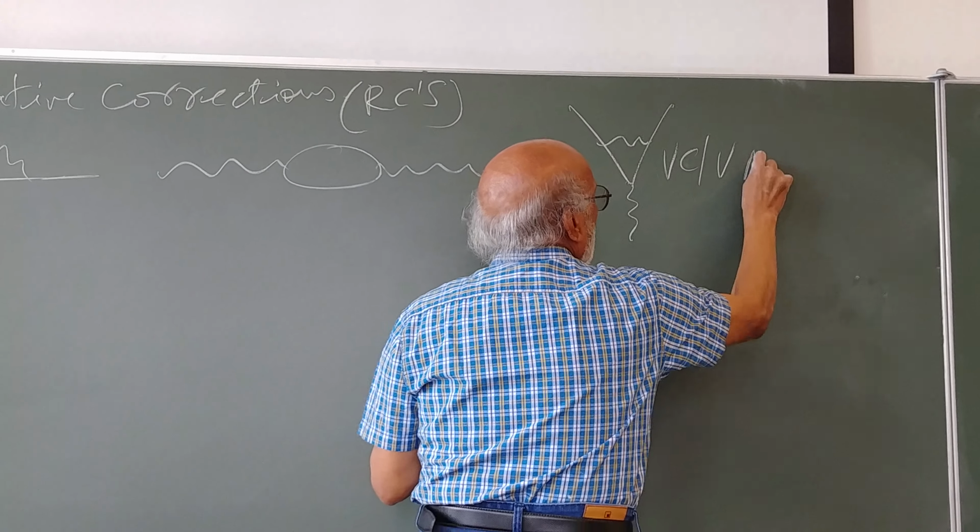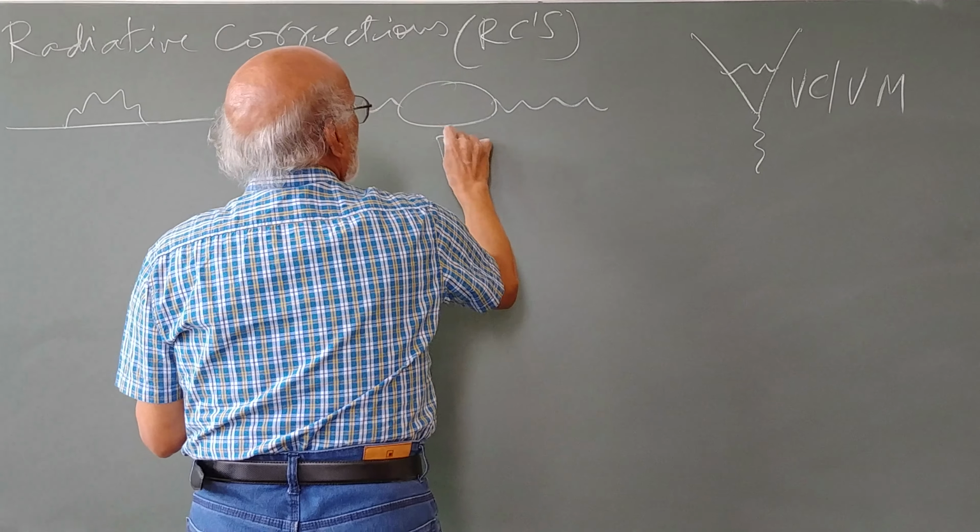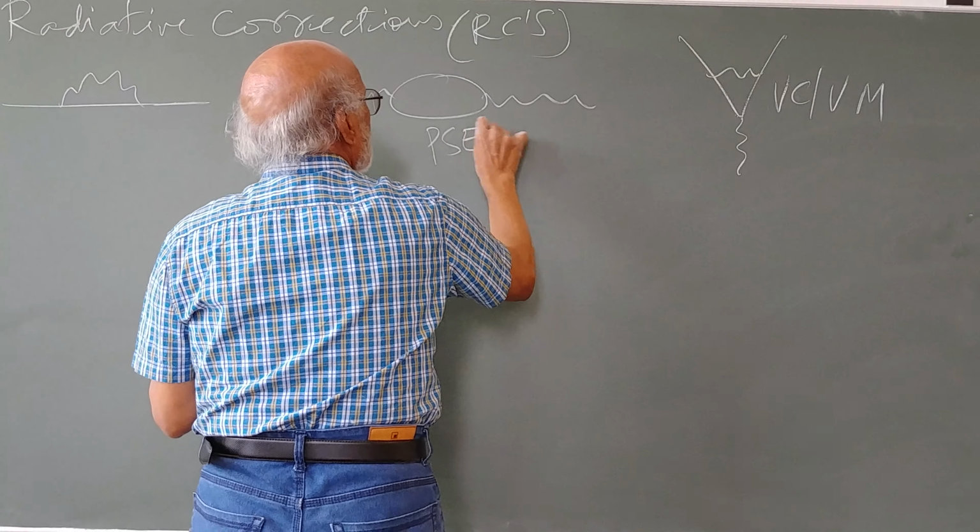Vertex correction or vertex modification, photon self-energy or vacuum polarization, fermion self-energy. Okay, so an electron is going or a photon is going, and here 2 fermionic lines and one line corresponding to the photon.